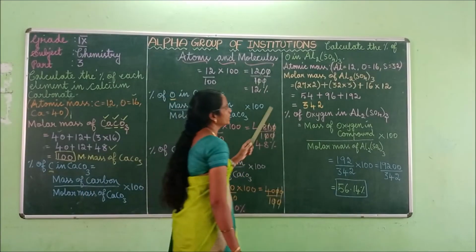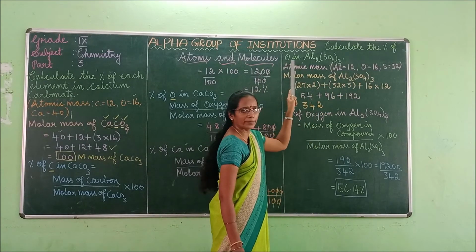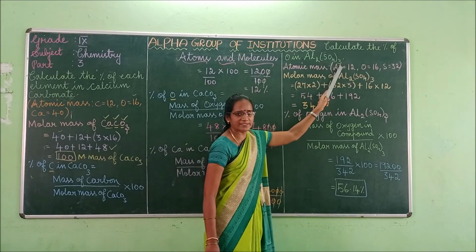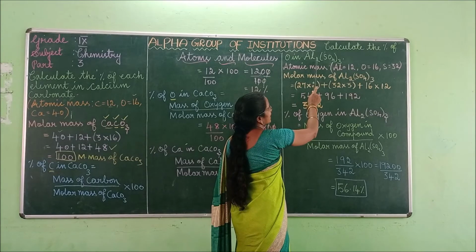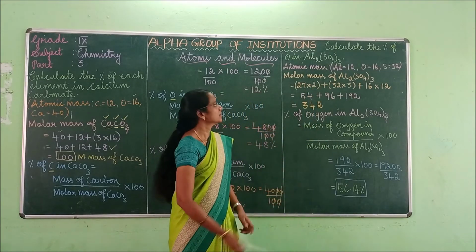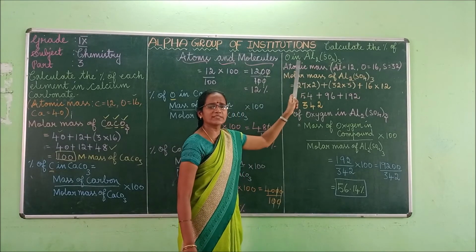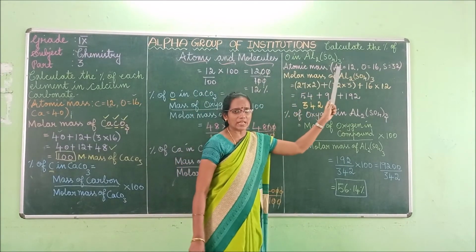Next problem: calculate the percentage of oxygen in Al2(SO4)3. Okay, calculate the percentage of oxygen in Al2(SO4)3. Here there is no need to find the percentage for all the elements present in aluminium sulfate.